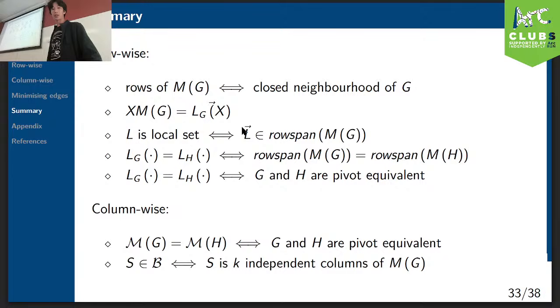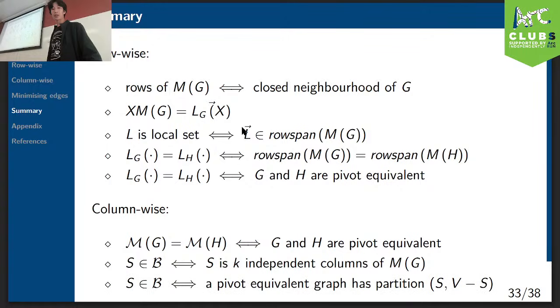And then additionally to this, it tells us something that the rows don't: it tells us when sets can be independent in G. It tells us when sets are a partition of some pivot equivalent graph.